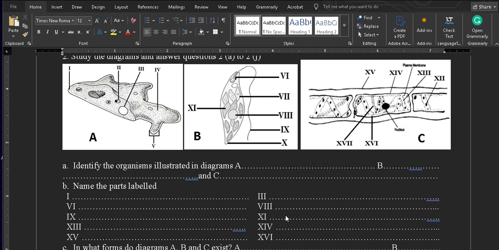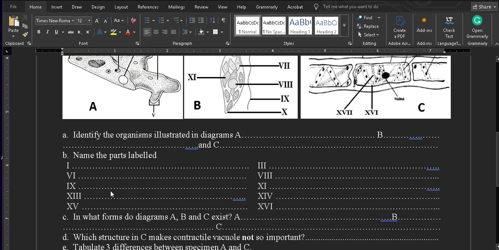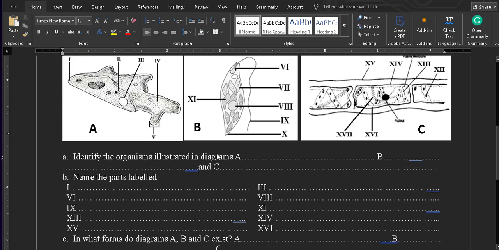All right. So we go on to XIII. Where do we have XIII? So XIII, we are on C. We can find this one on C, and with this, the diagram is not all that good, but it's still good enough.